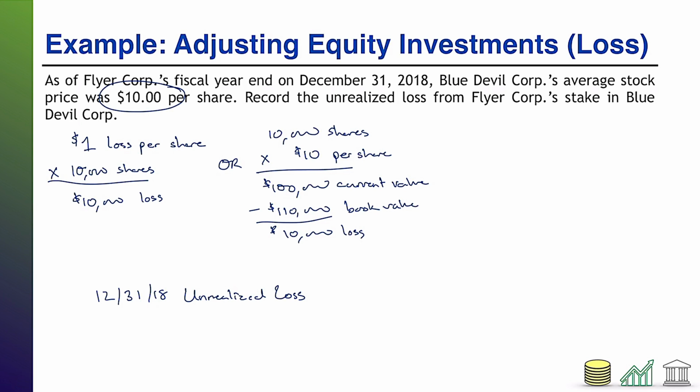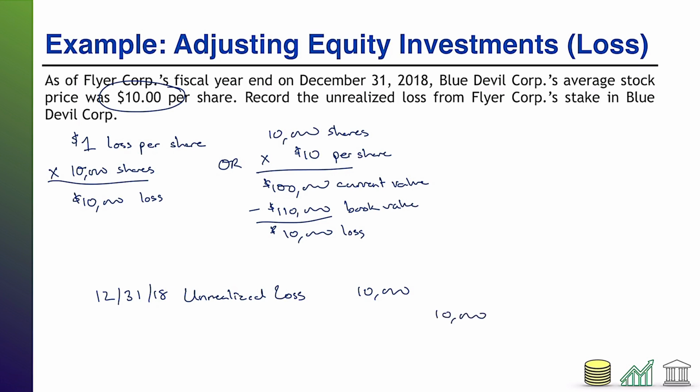Well, a loss is basically an expense. So when you think back to your rules of what are debit accounts, what are credit accounts, right? Assets and expenses are debit accounts. So when they go up, there's a debit. So here we have an expense going up. That expense is a special type of an expense called an unrealized loss, but it's still basically an expense. And so unrealized loss gets debited for $10,000.